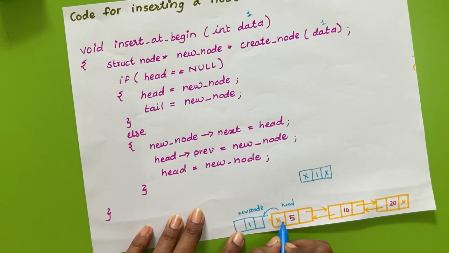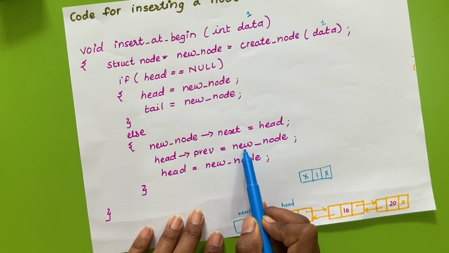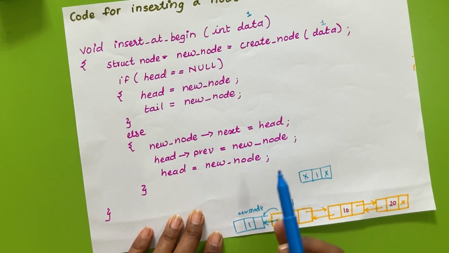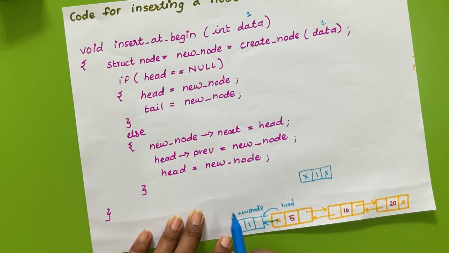And again, here we have the head node's previous pointer as null, but we have to change it to new node. This field will store the address of the new node, so that will get updated. So head's previous field will get updated with the address of the new node. This statement will change the address of the previous field, and this statement will change the address of the next field of the new node.